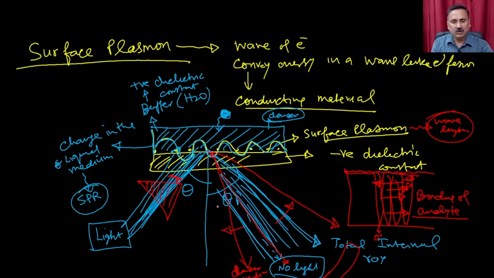When there is complete absorption, there will be a loss of light, or no light, and you can measure that with the help of the detector. So you can know whether the light is deflecting in this direction or in this direction, and that's how you can say whether there will be a binding or a dissociation.